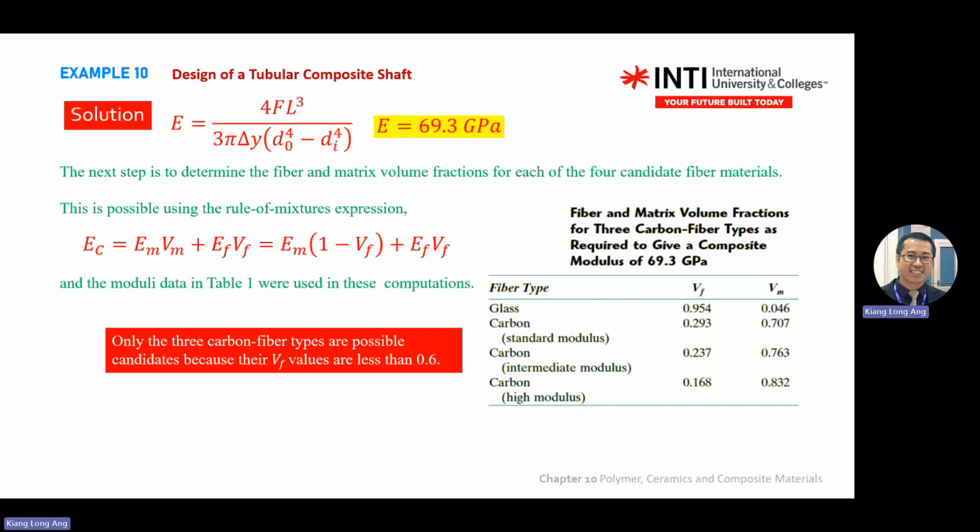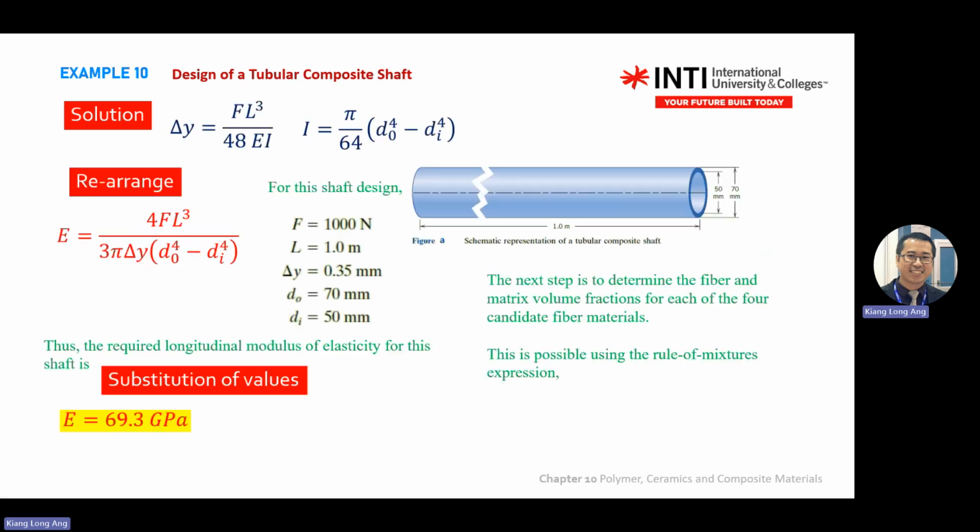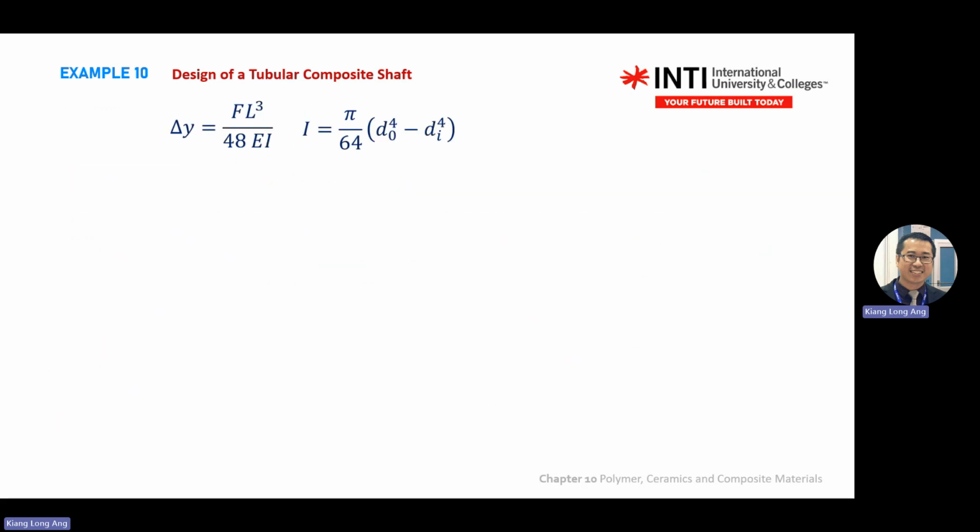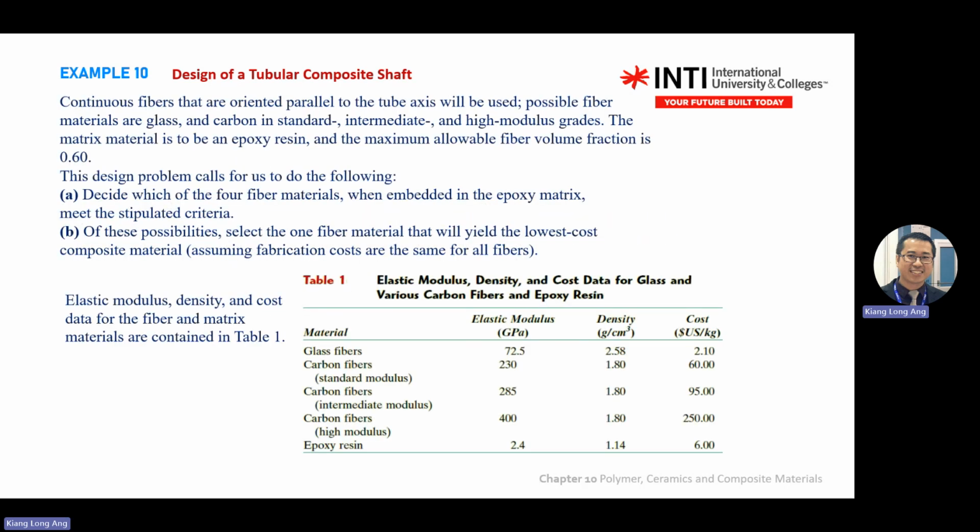Later, this one later. Okay. So now, only 3 types possible because their Vf value is less than 0.6. Because in the answer, if you read carefully just now, there's a specification mentioned.